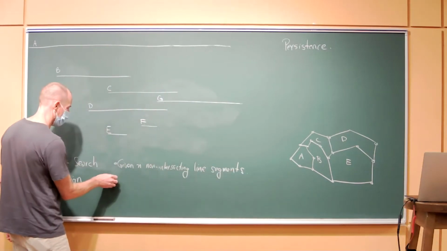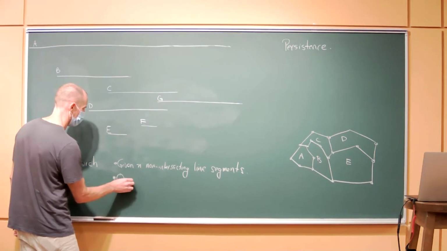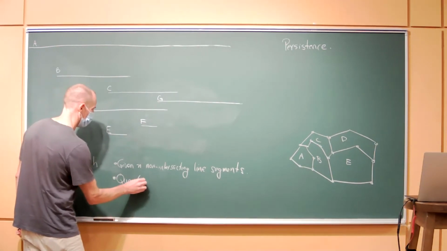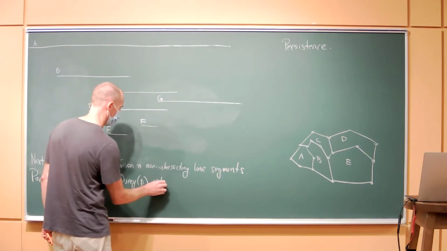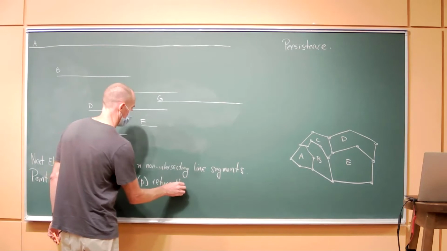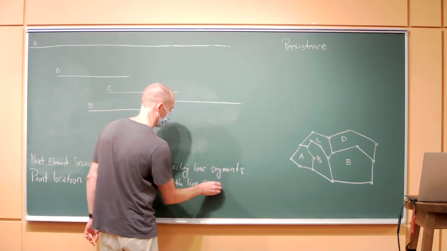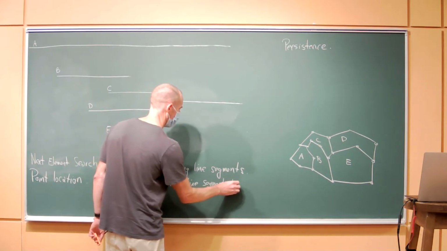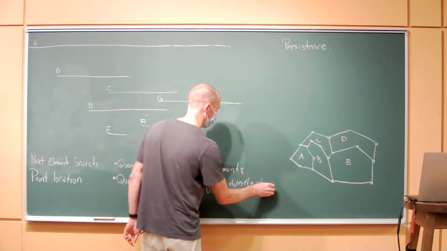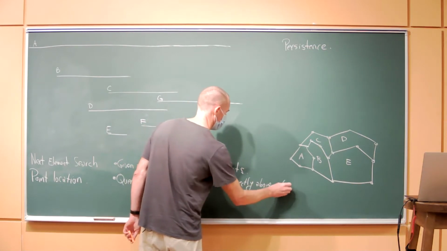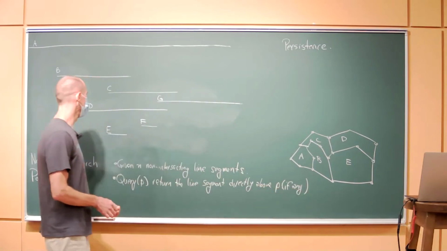And you want to build a data structure so that when you query some point P, you should return the line segment directly above P, if there is one. Otherwise, you can return null or none or something.